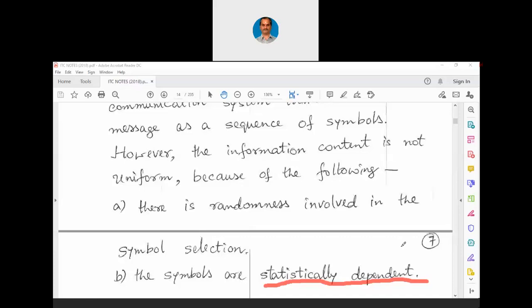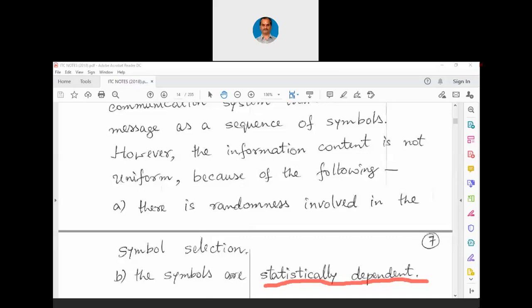For example, take this particular sentence itself: the symbols are statistically dependent. In this sentence, "the" is there, "symbols" is there, "are" is there, which means those symbols are related.